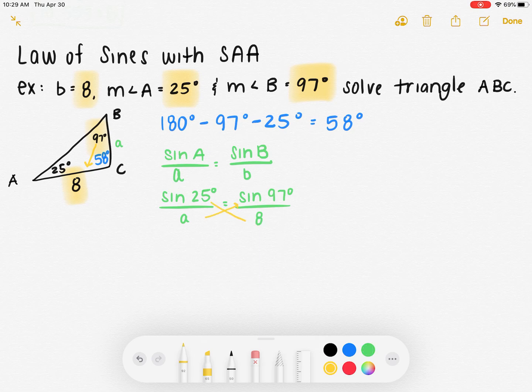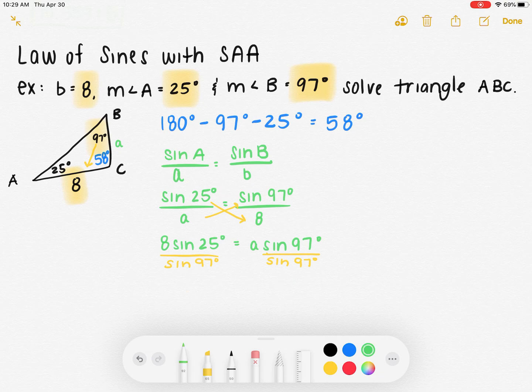My next step is to cross multiply. So I end up getting 8 sine of 25 degrees equals A sine of 97 degrees. Then I divide by sine of 97 degrees on both sides.